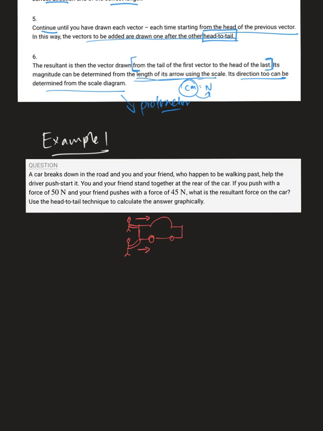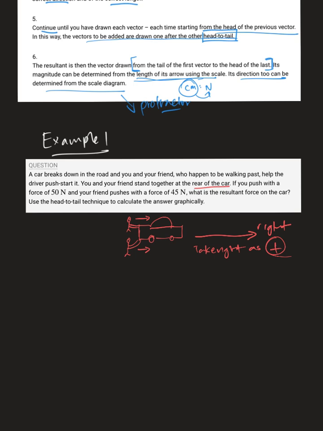So you at the rear. If I'm looking at it like this, I'm going to say that the car is going to move this way, which is to the right. So I'm going to take right as positive. Anything that moves to the right is positive. Anything that moves to the left is negative.